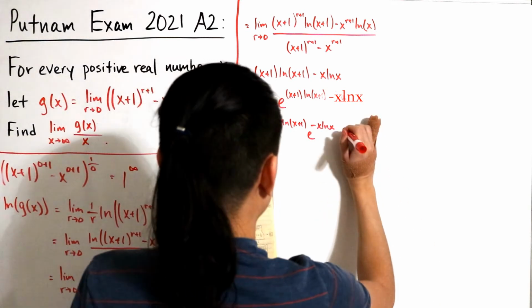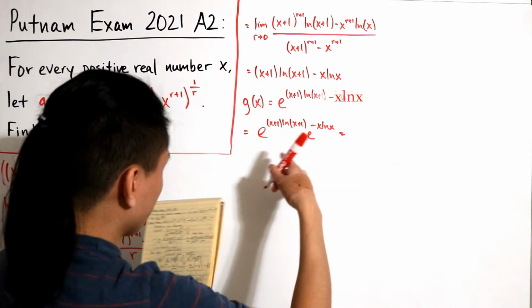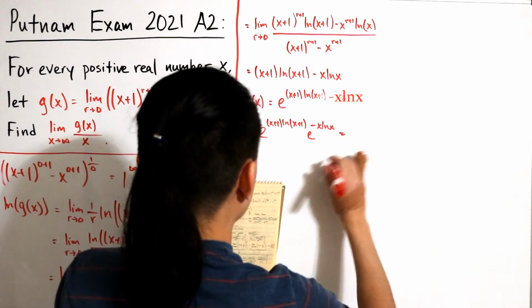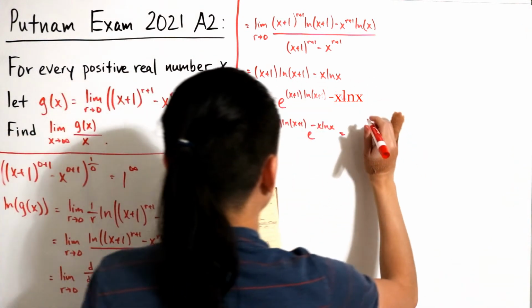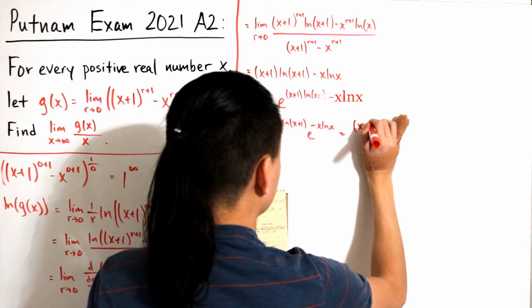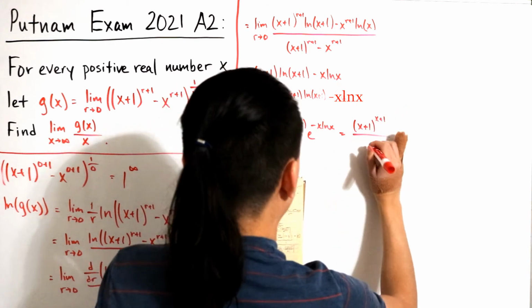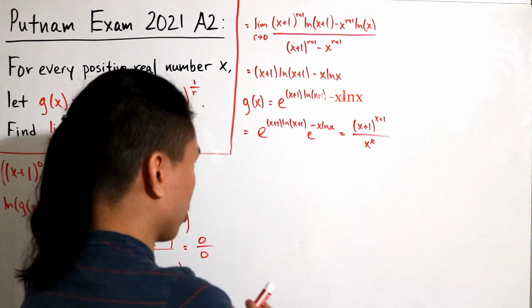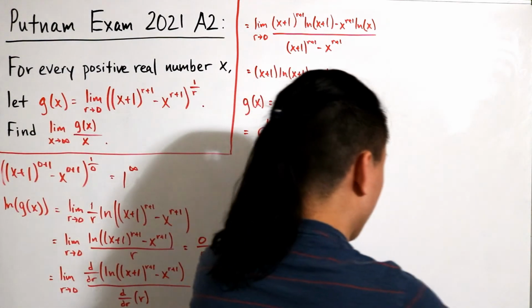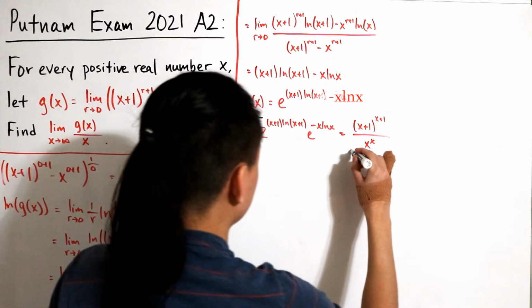Then if we rewrite everything and simplify, the natural log will just cancel, and because of the x plus 1, we just move that back in as the exponent. Therefore we have x plus 1 to the power x plus 1, all divided by x to the power x. So hence, we found what g of x simplifies down to. So g of x is simply equal to this.